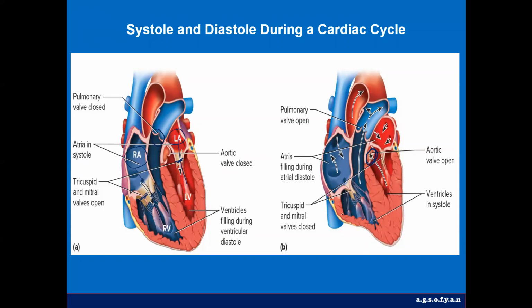And if you see here, between the right ventricle and left ventricle, the muscles have different thickness. The right ventricle has a thinner muscle, and the left ventricle has a thicker muscle. Again, this is due to their action.